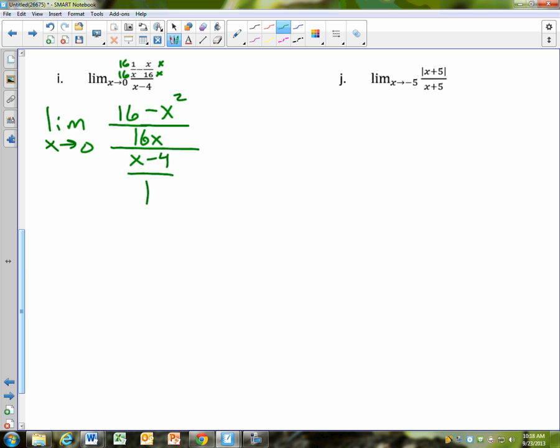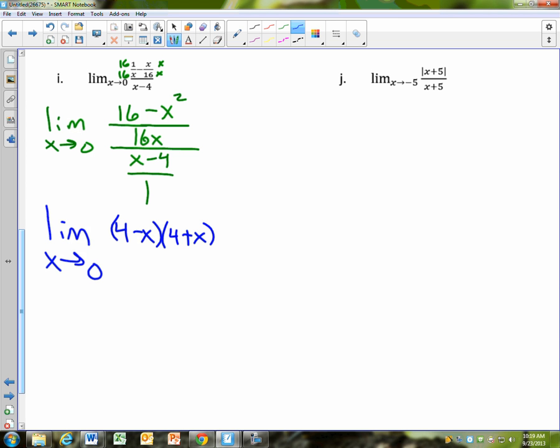So now I'm going to multiply by the reciprocal. In the limit as x goes to 0, if I see that something factors, I should use that to my advantage right away. What does 16 minus x squared factor to? I want everybody to understand this too. 4 minus x times 4 plus x is different than x minus 4 times x plus 4.